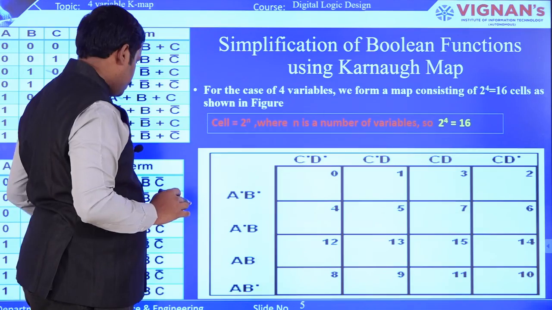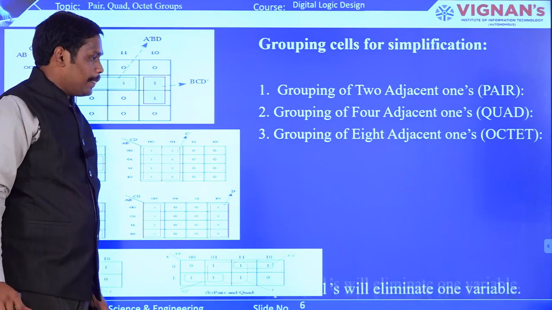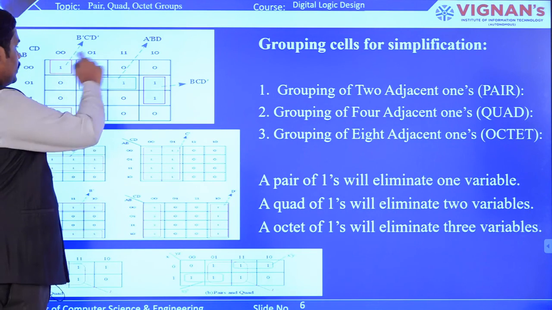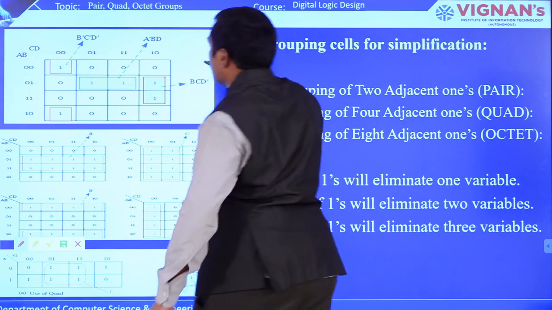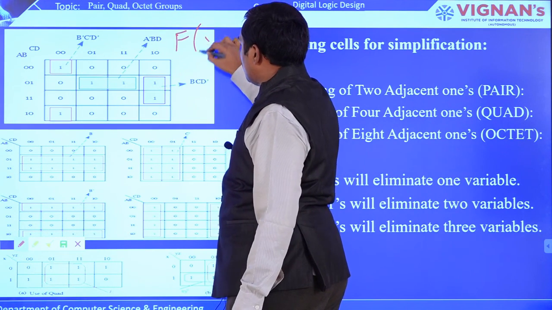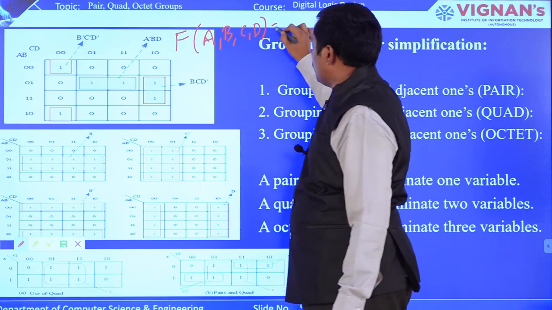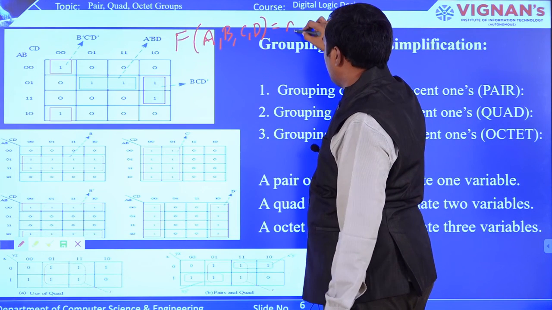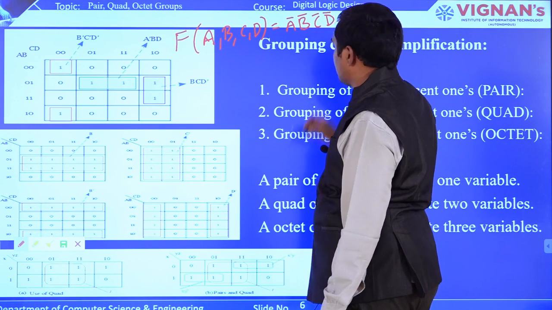Now we shall see the concept of grouping cells. You can see here, this is a 4 by 4 Karnaugh map. The function F of A, B, C, D is the Boolean expression that is given. The first term is A bar B bar C bar D bar, plus.